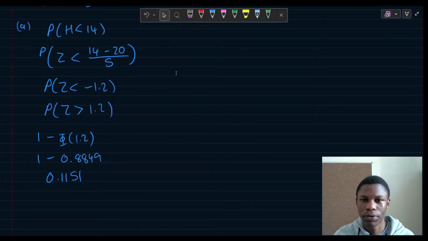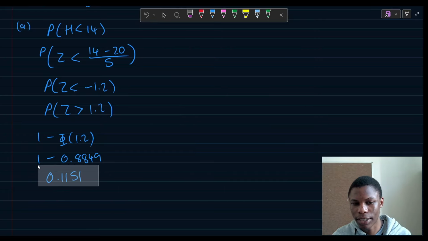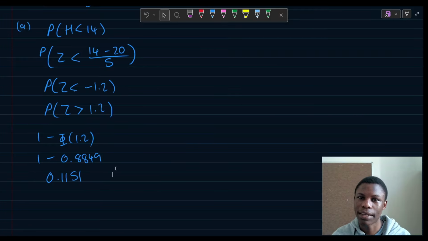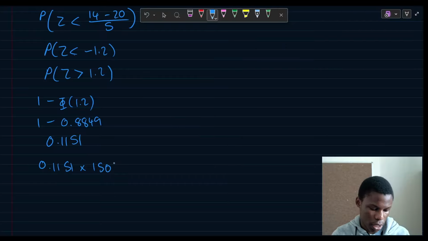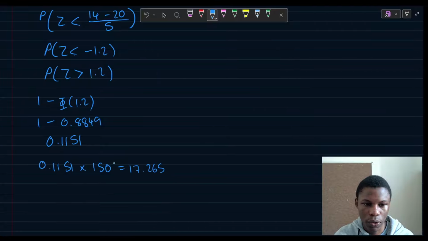And then because this is the probability of one tree being classified as small, let's multiply that by 150 to find how many of those 150 we'd expect to be classified as small. That is 17.265. And let's round up and say that we expect 18 trees to be classified as small.